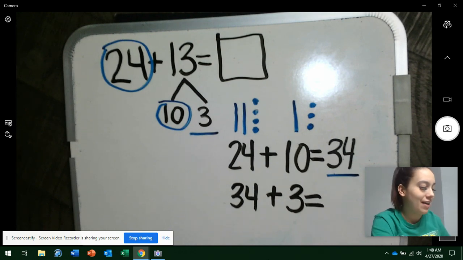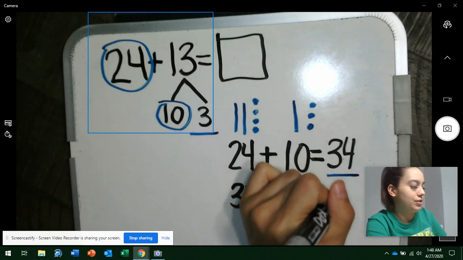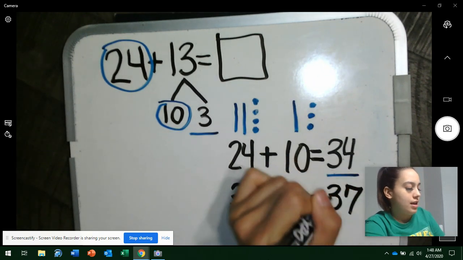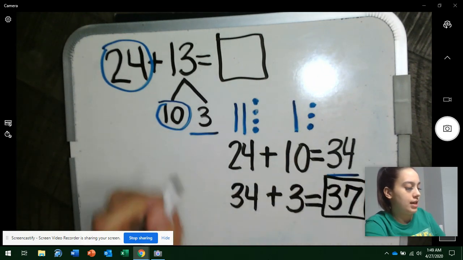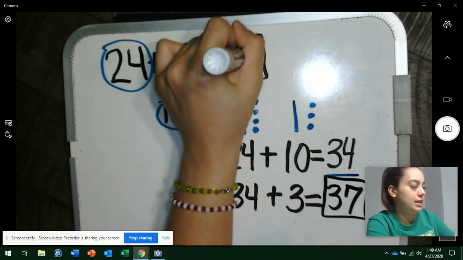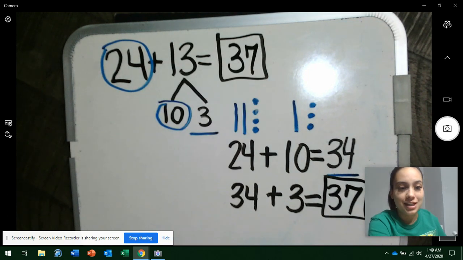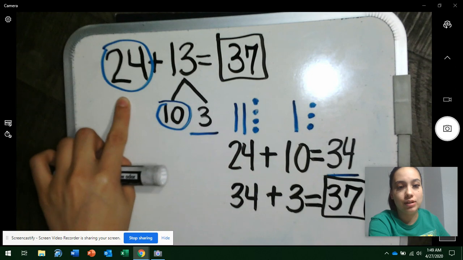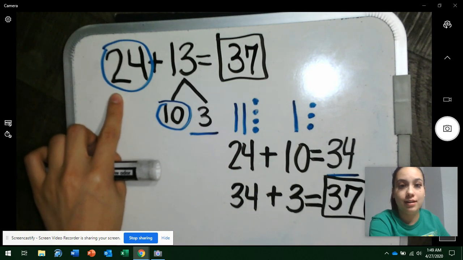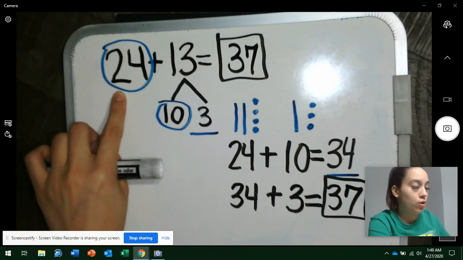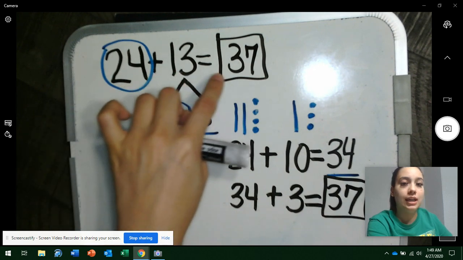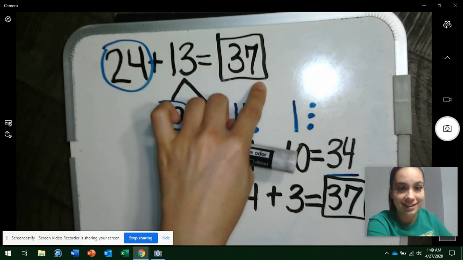Yes, 37. Awesome job, boys and girls. So let's write it. This is the number we box, and this is the number we write up here because that is our answer. So let's read the number sentence out loud, starting with 24. Get ready. 24 plus 13 equals 37.